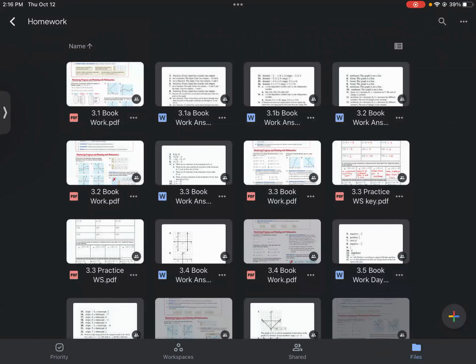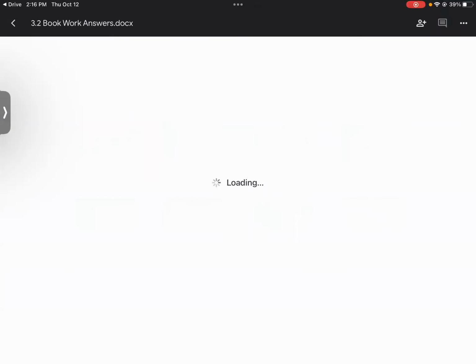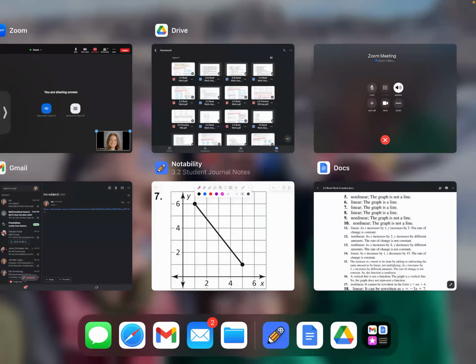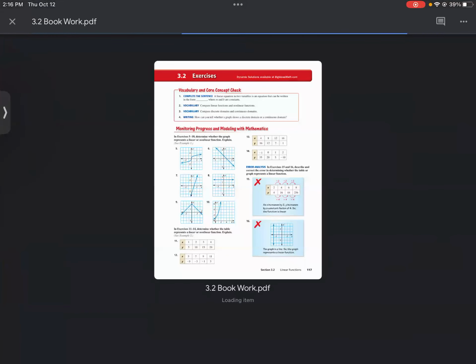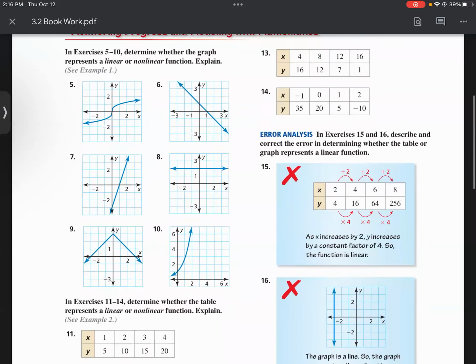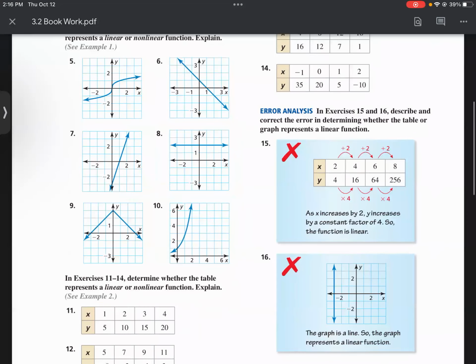Wait, why do we have to do so much? Do we have 5 through 30 on this one? Is it 5 through 30 odd, or 5 through 35? I'll tell you right now, this is already loaded in Google Classroom. So you can either look up here or look up Google Classroom. Is it 5 through 30 all, or just odd?